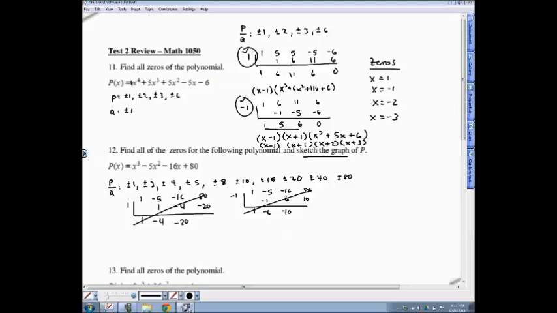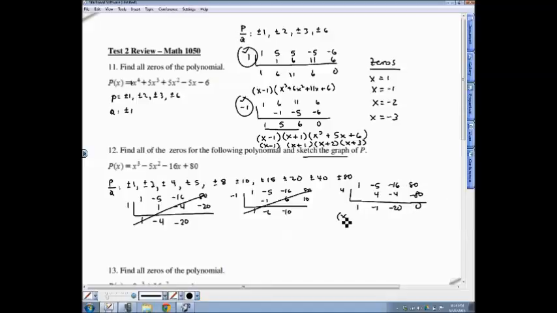This might take a while. Got a pretty good feeling here about positive 4. Because I knew what the answers were beforehand. But eventually you would have gotten there.